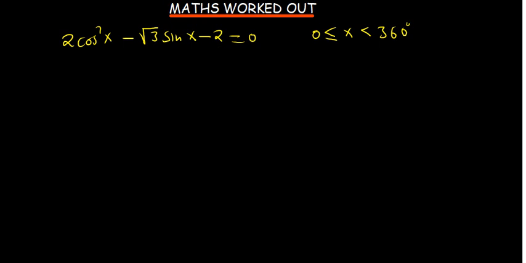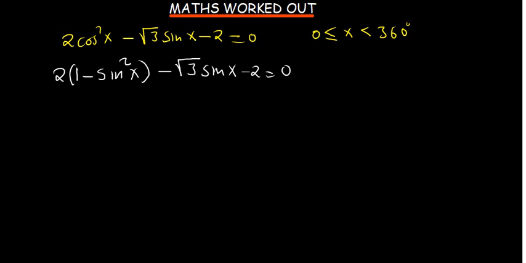So where there's cos squared, what are we going to put? That is 1 minus sine squared x, and then minus square root of 3 sine x minus 2 is equal to 0.